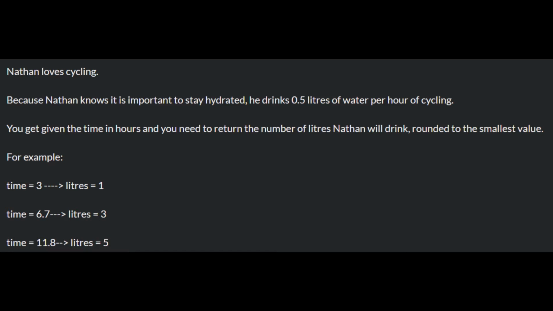So the way the program works, or should work, is you prompt the user to enter how many hours Nathan has cycled, and then the program returns the amount of water that he consumes. Well, the prompt tells you that Nathan drinks half a liter of water every hour. So really you're multiplying the time by 0.5 or dividing it by 2.